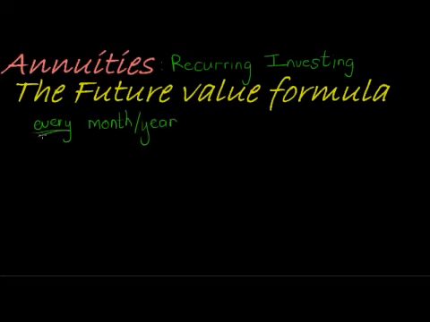But this word every is going to indicate for us that this is recurring. It is not just happening once, it's happening on a regular basis. And it's not just earning interest, it's investing the same amount over and over and over on a certain time period.